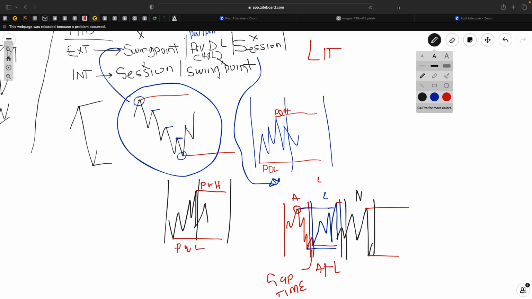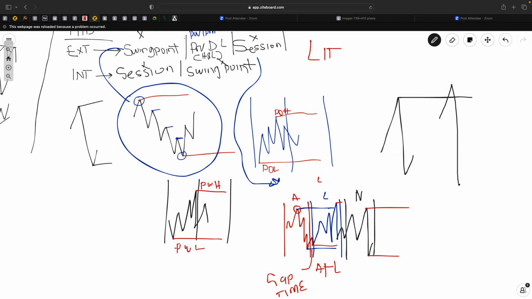Because there's a lot of misconception that people have. They feel like if this point is a liquidity area, let's say it's a liquidity point, they believe anytime market grabs liquidity, it needs to reverse. No, it is not necessary.